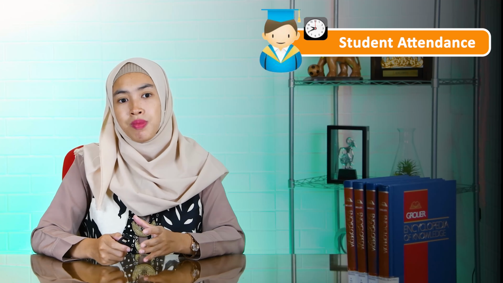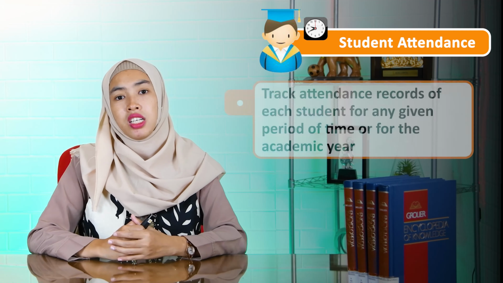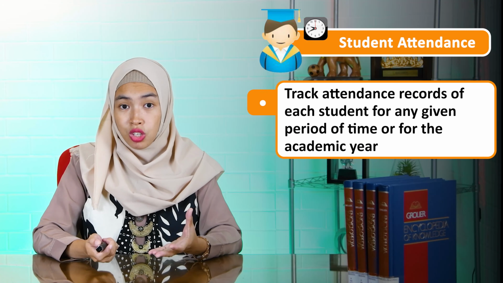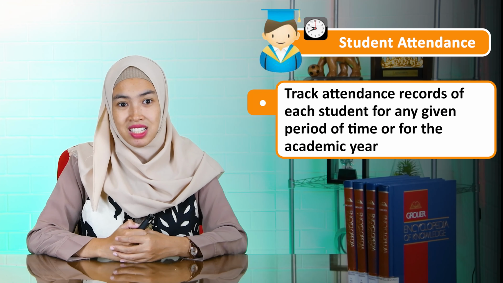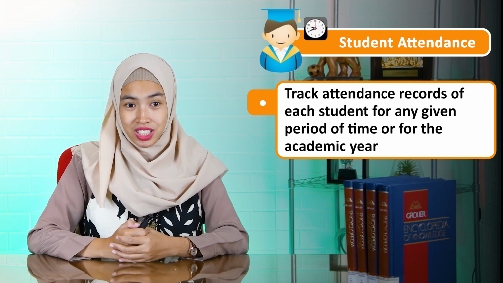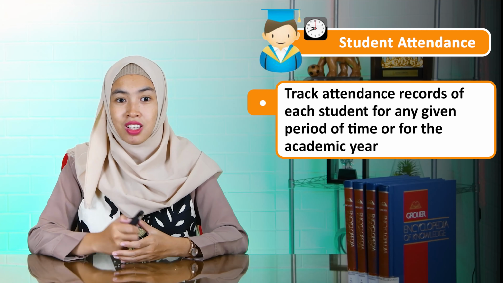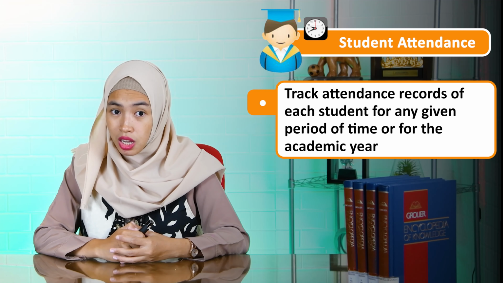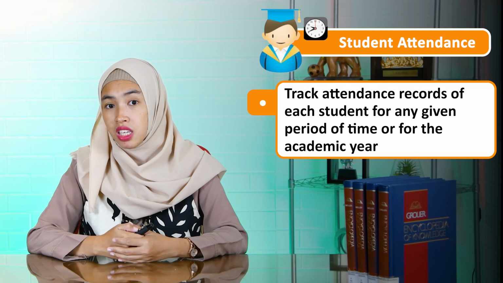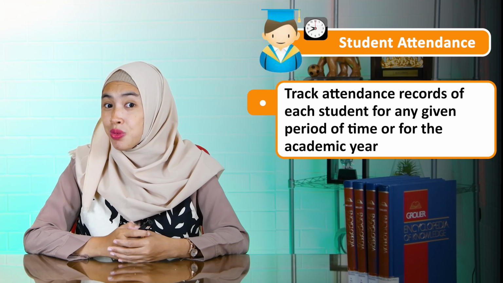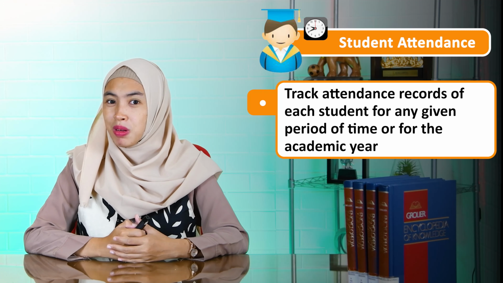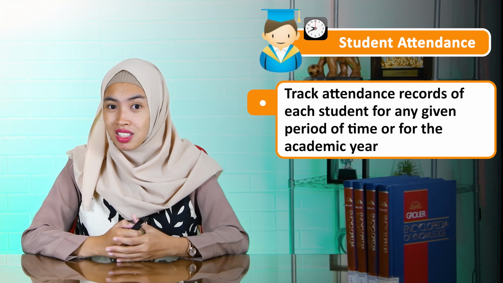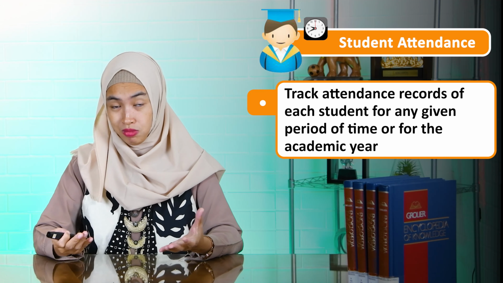And then the second feature is students' attendance. Well, in this feature, the teacher, students, and also the parents can track the attendance record of each student for any given period of time or for the academic year. So your parents will know that you probably missed some meetings in the classroom for some reason.